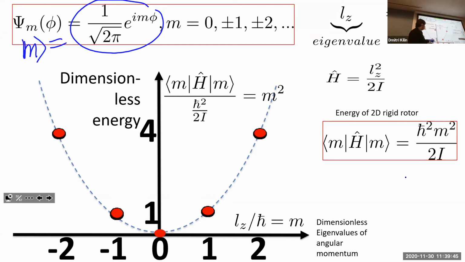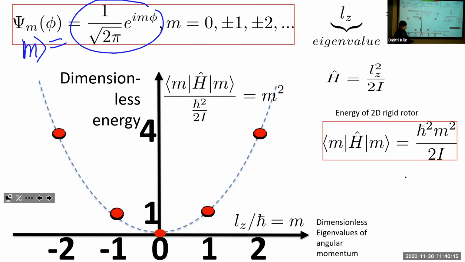So it looks similar to a parabola, but a discrete parabola, okay? Only specific values are allowed. And here is an interesting observation. The same value of energy, except zero, can be obtained by rotation with the same absolute value but opposite direction.